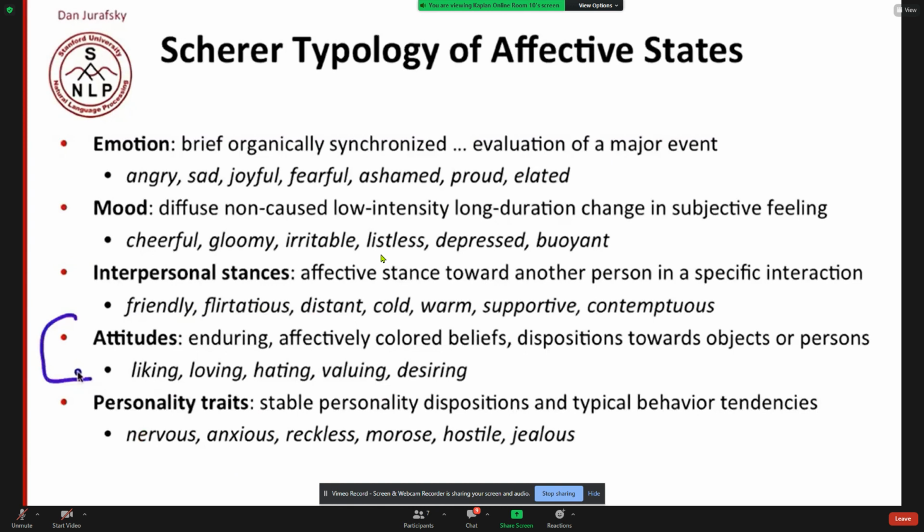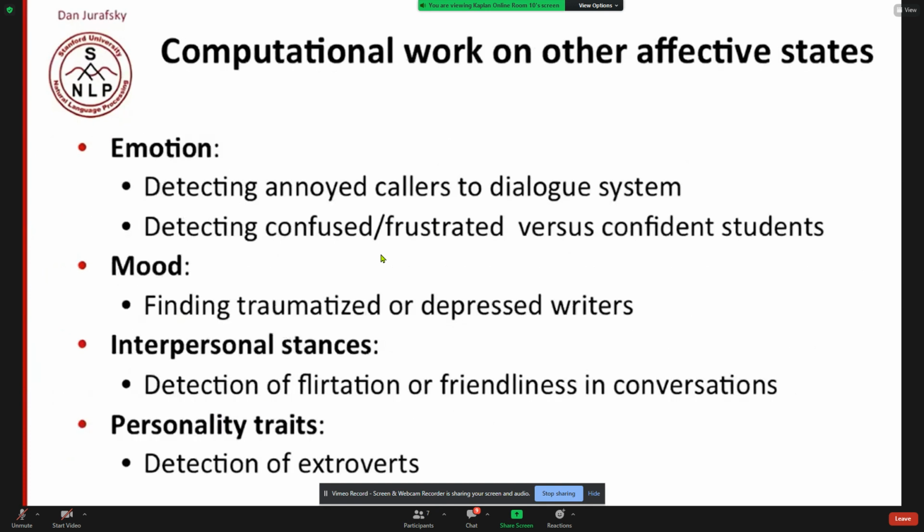Now remember that sentiment is really just one of many kinds of affective state. It's a kind of attitude classification, but there are lots of other kinds of affective state classification that come up in computational problems that are very similar to sentiment analysis. To look at some of them, for emotions, we might want to detect annoyed callers to some dialogue system, or detect confused or frustrated students in an online tutorial versus confident students.